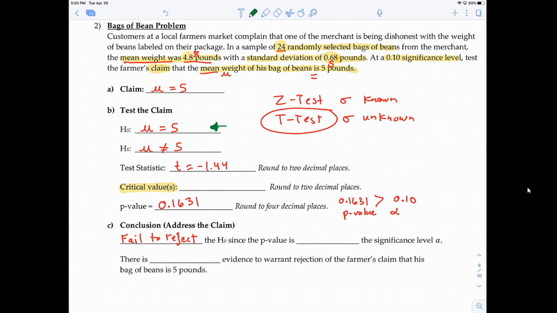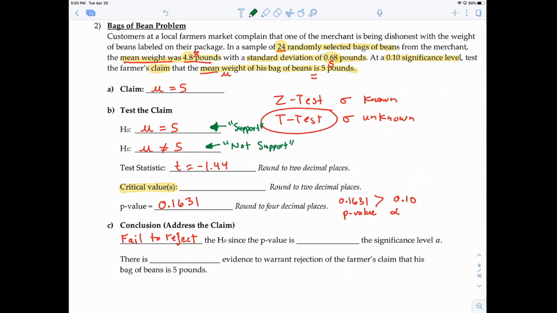I'm going to put it in quotations as support. Technically, it's not always that we're supporting it, but it's one way to think about it. If we're going to support this statement, we're not supporting the other one, the alternative.